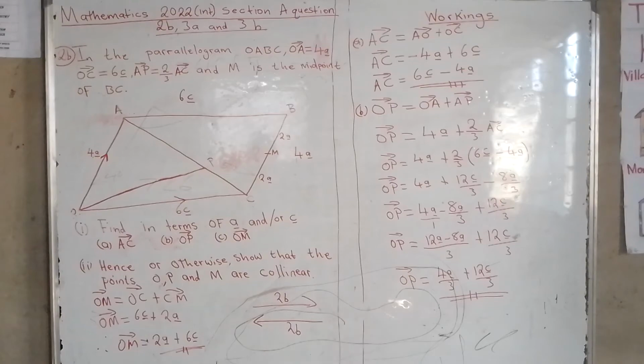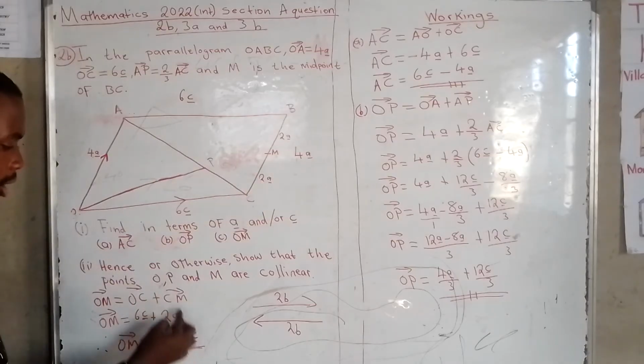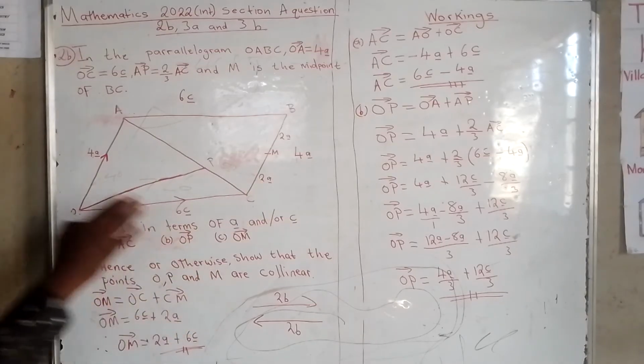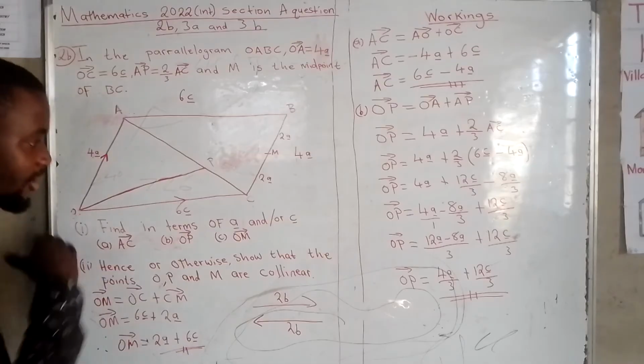In short, collinear means these points they're talking about, which are O, P, and M, lie on a straight line. No wonder I'm using parallel, it's one and the same. They are parallel, or they lie on the same straight line.